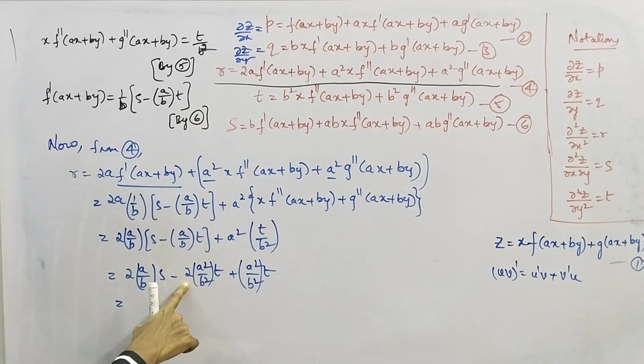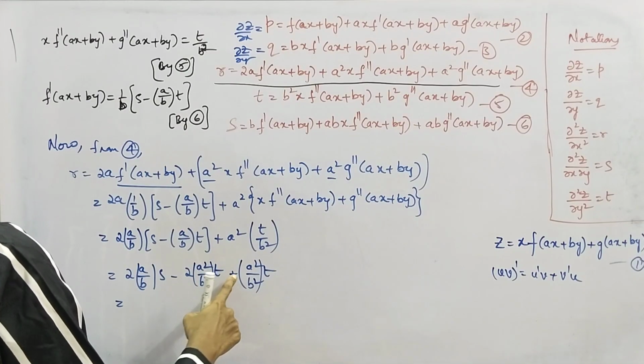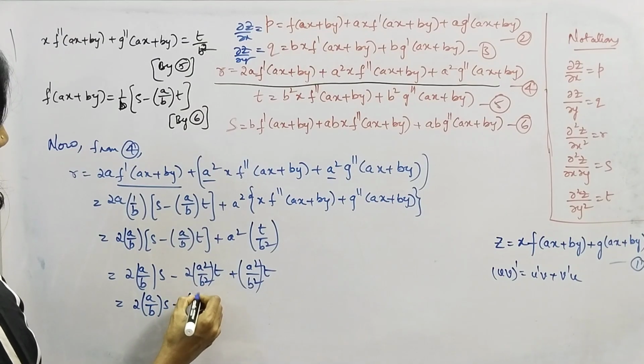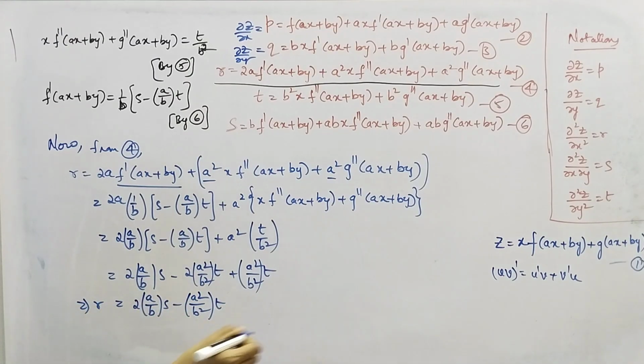Here you're having minus 2 a square by b square t plus a square by b square t. Minus 2 plus 1 gives minus 1. So you'll get 2 a by b into s minus a square by b square into t. So we have r equal to this one, right?